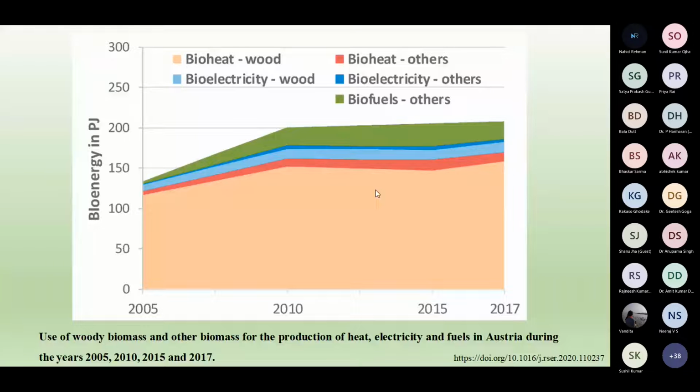Then they showed the major proportion is for bioheat, then this green one, the other biofuels, and then some part for bioelectricity generation coming from either wood or other sources. It is for the years 2005, 2010, 15, and 17.